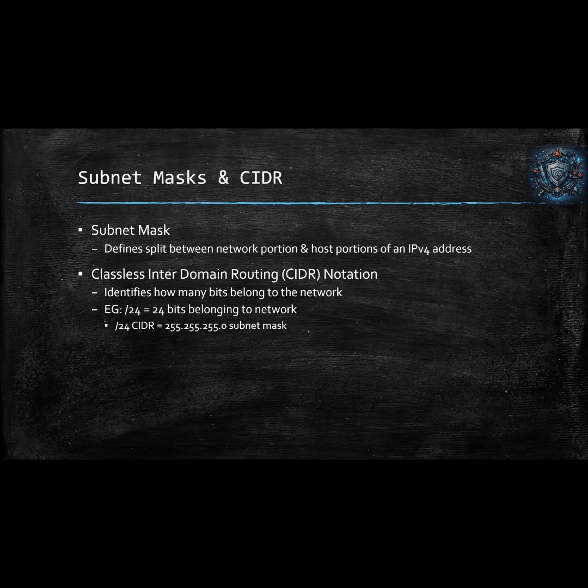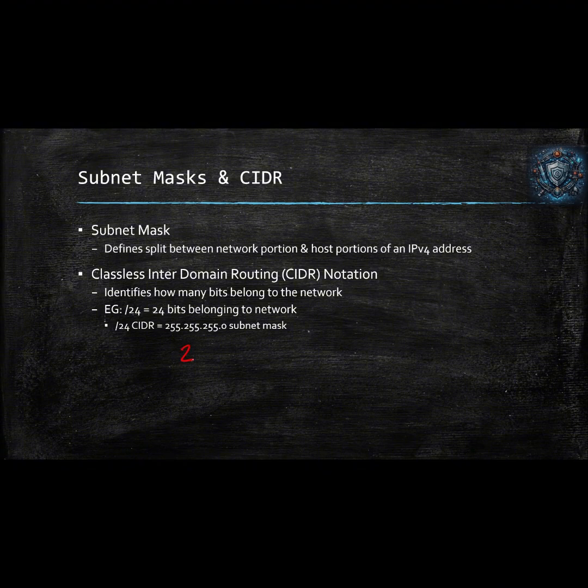So if we break this down, if we remember back to the chart we had, the 128, 64, 32, 16, 8, 4, 2, 1. So a /24, we have 24 bits belonging to the subnet mask, which looks like this.